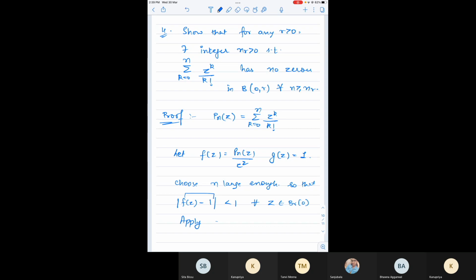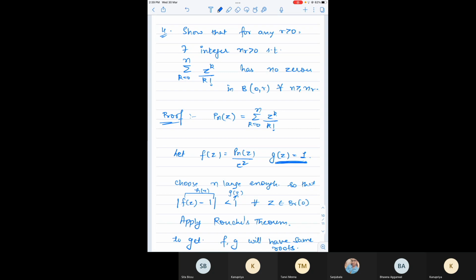You can take this to be h(z) and this to be g(z), to get that f and g have the same roots. And you can see that g has no roots in this ball.